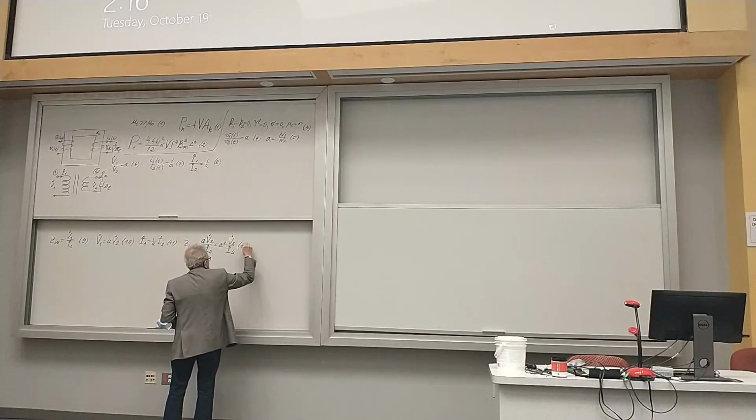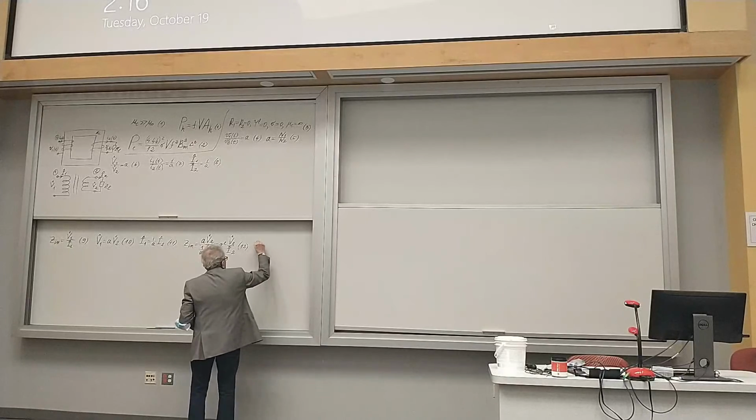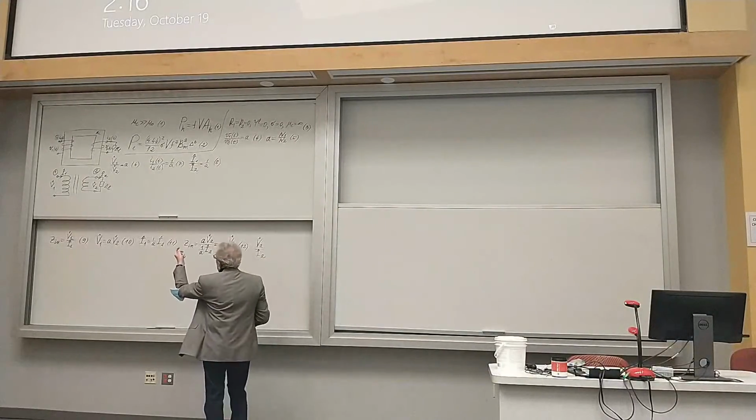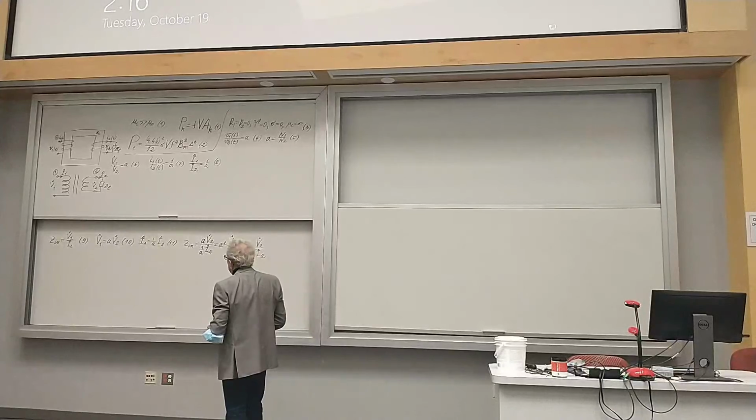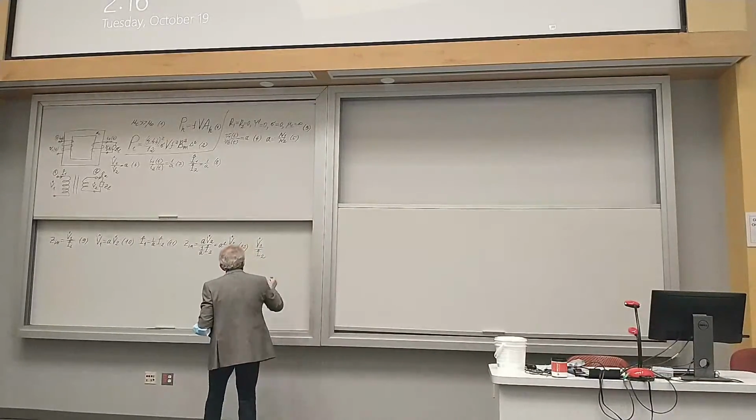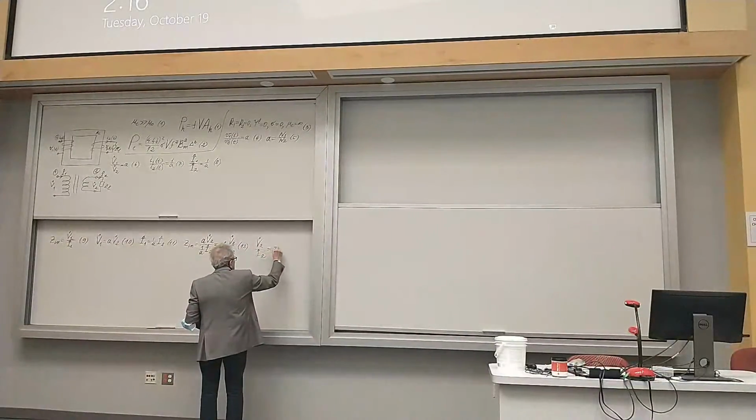And the last step in this derivation is that this ratio V sub 2 to I sub 2, according to the drawing of the transformer, or the equivalent circuit drawing of the transformer, is equal to the load impedance.